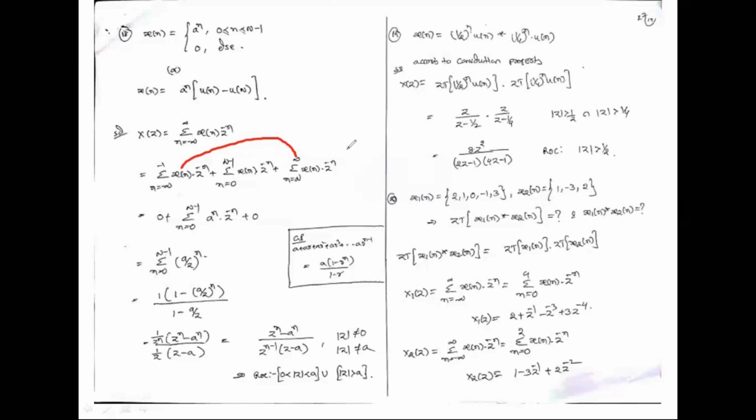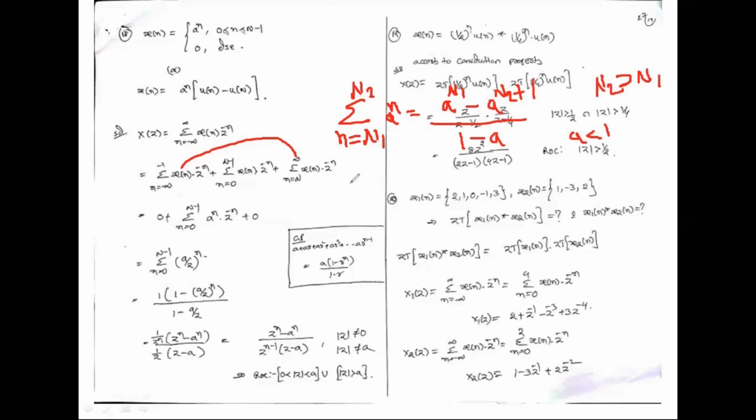And n2 here, now I am using this formula: the sum from n equals n1 to n2 of a to the power n is equal to a to the power n1 minus a to the power n2 plus 1, divided by 1 minus a, where a is less than 1, and n2 must be greater than n1.